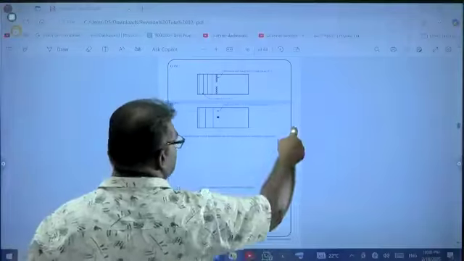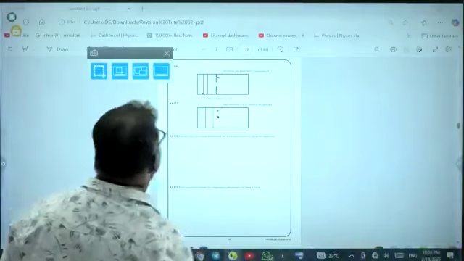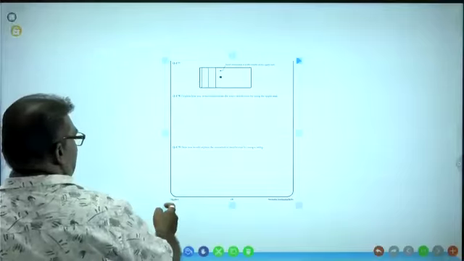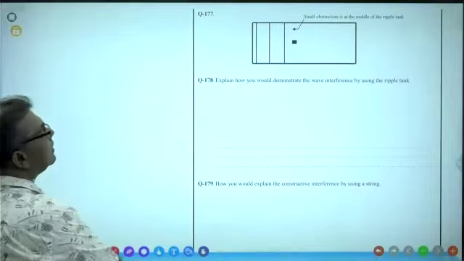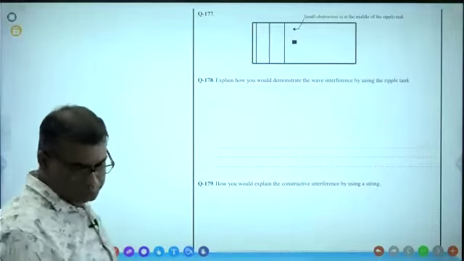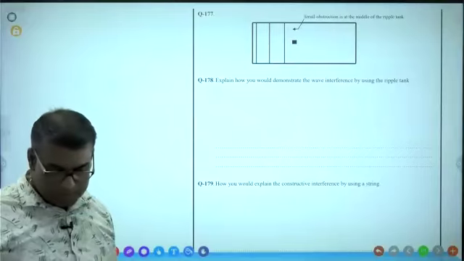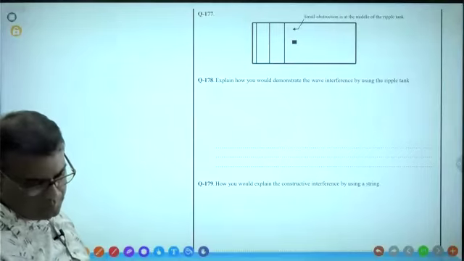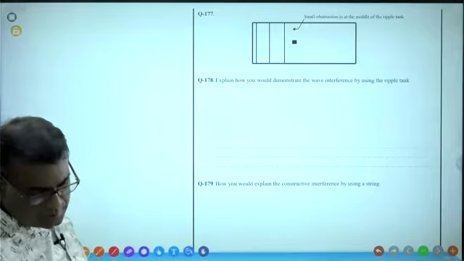From 177. Let's consider 177. The small obstruction is at the middle of the ripple tank.